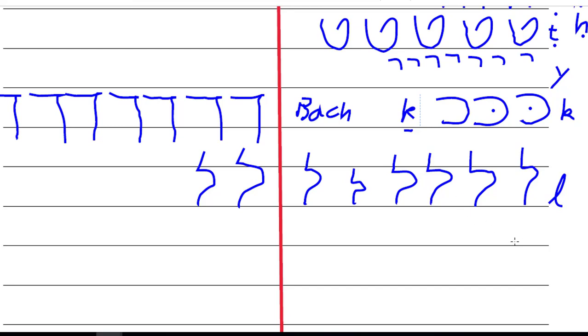Mem is going to be the letter M. So go ahead and write the transliteration there. I start down, go over, make a little stroke here. Just like that. Down, up, across, stroke. You'll leave some open space here.